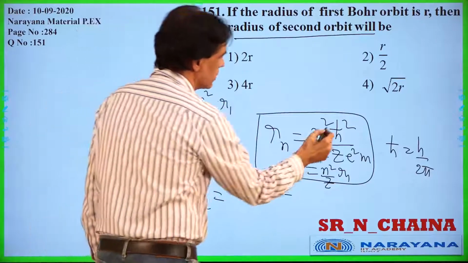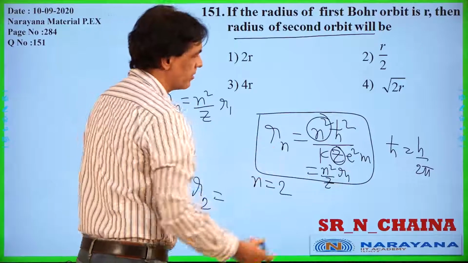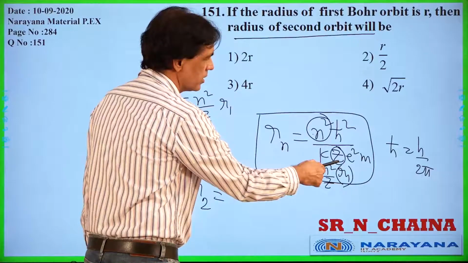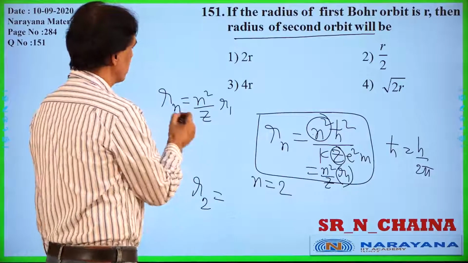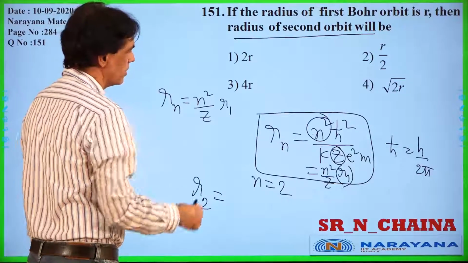These are variables; if you separate variables from constants, the constant value becomes 1. If n equal to 1, z equal to 1, then whatever value you get is R1. So Rn equal to n square by z into R1.